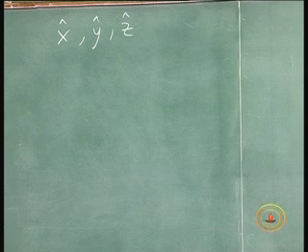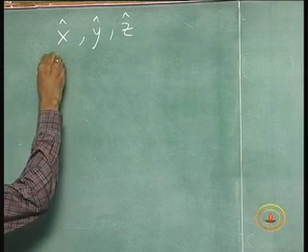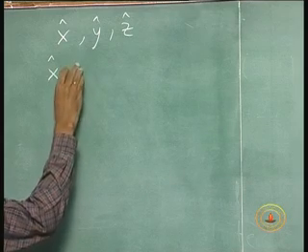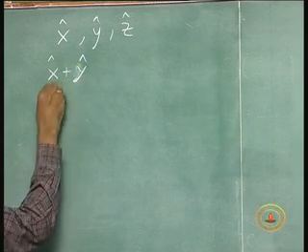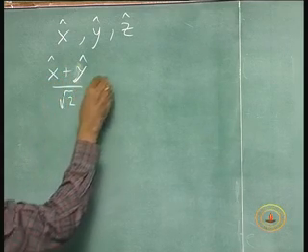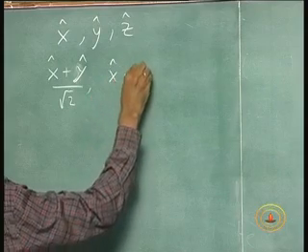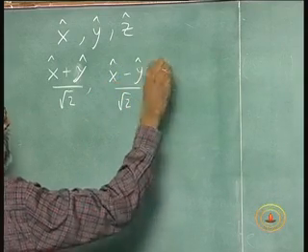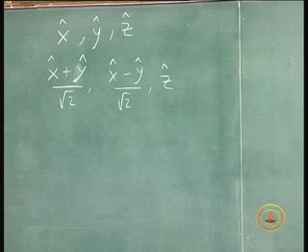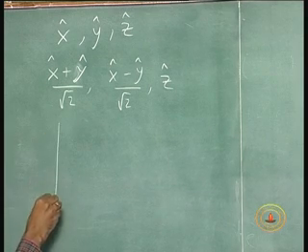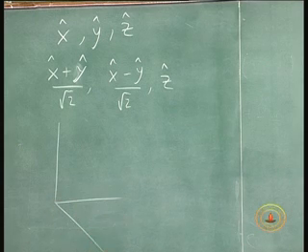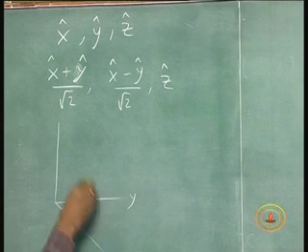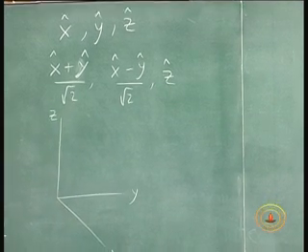But here is another coordinate system that is orthonormal. This coordinate system looks like this. This is the x, y, z.